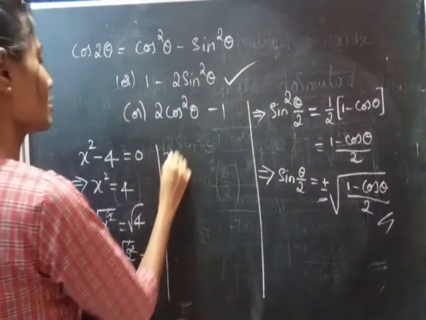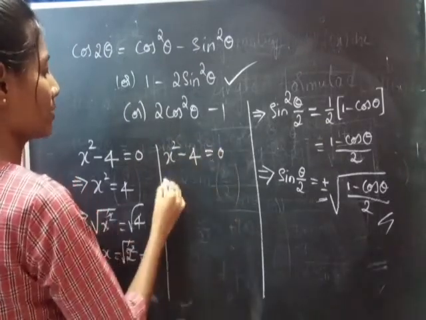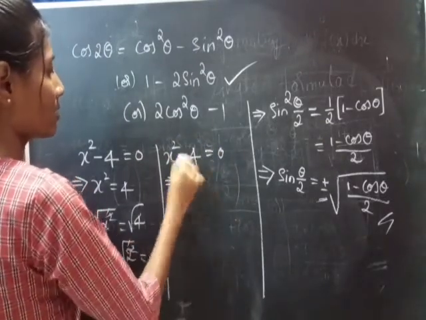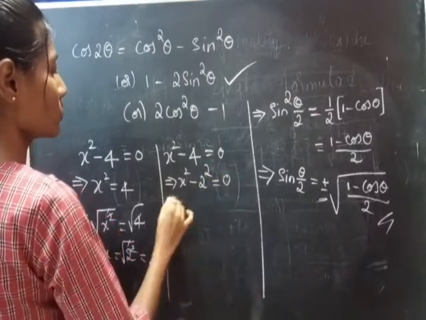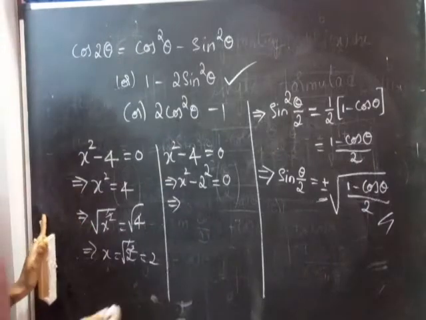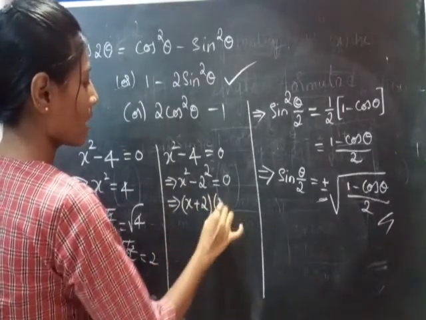Or else, otherwise you can do it like this. x square minus 4 can be written as x square minus 2 square, which is equal to 0. We know that a square minus b square is equal to a plus b into a minus b.